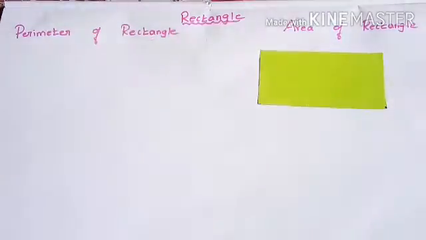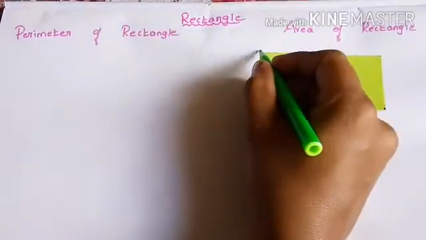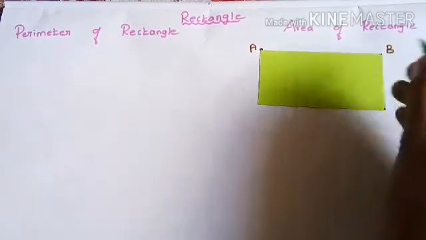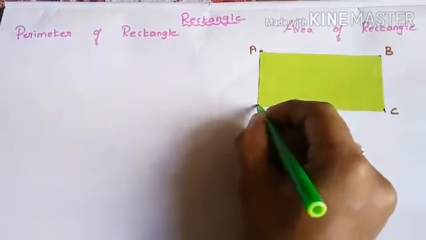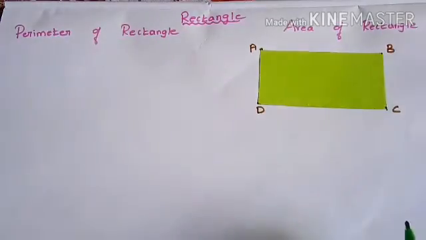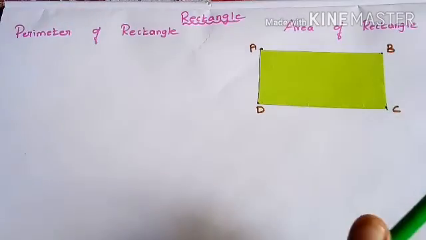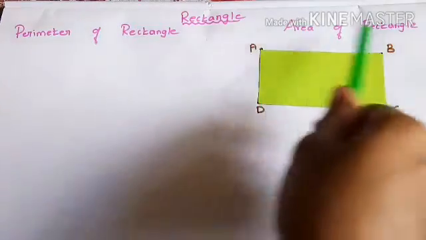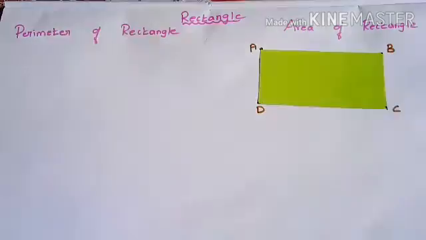So now we mark the corners A, B, C, D. You can give any other names, P, Q, R, S, whatever names you want, you can give. So now I give A, B, C, D. Okay, this is the corner names.